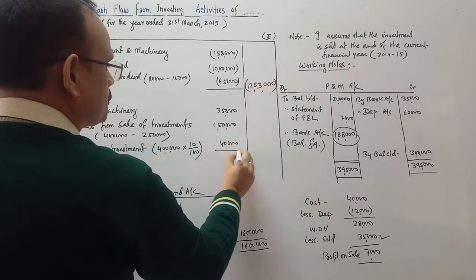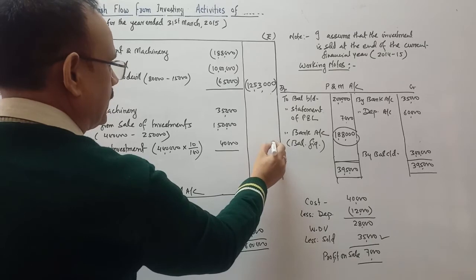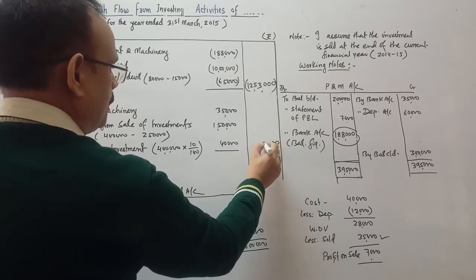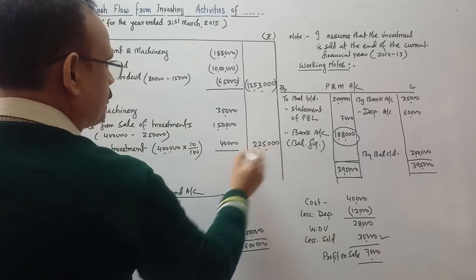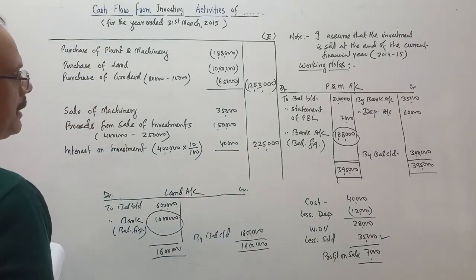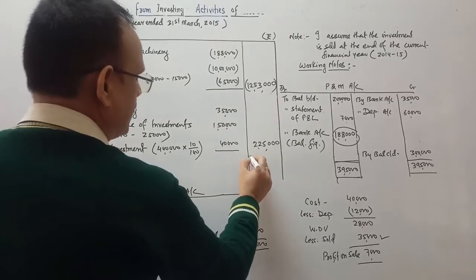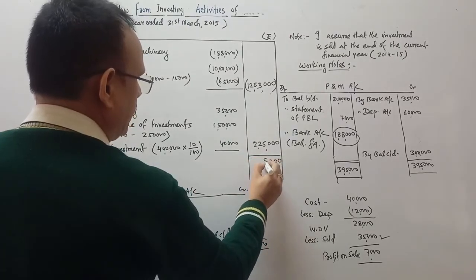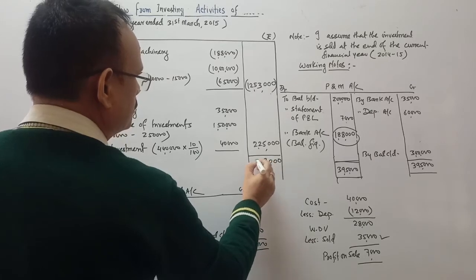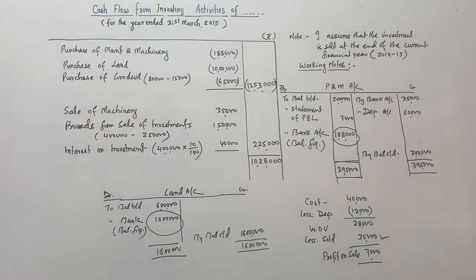Here outflow is more than inflow, and the inflow is 2 lakh 25,000. So you deduct it. So the net figure is 10 lakh 28,000.